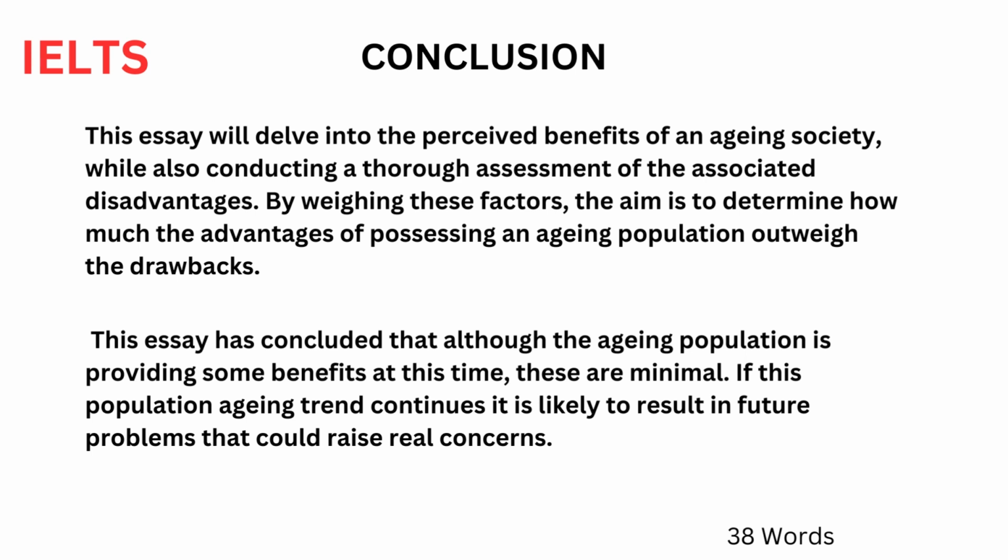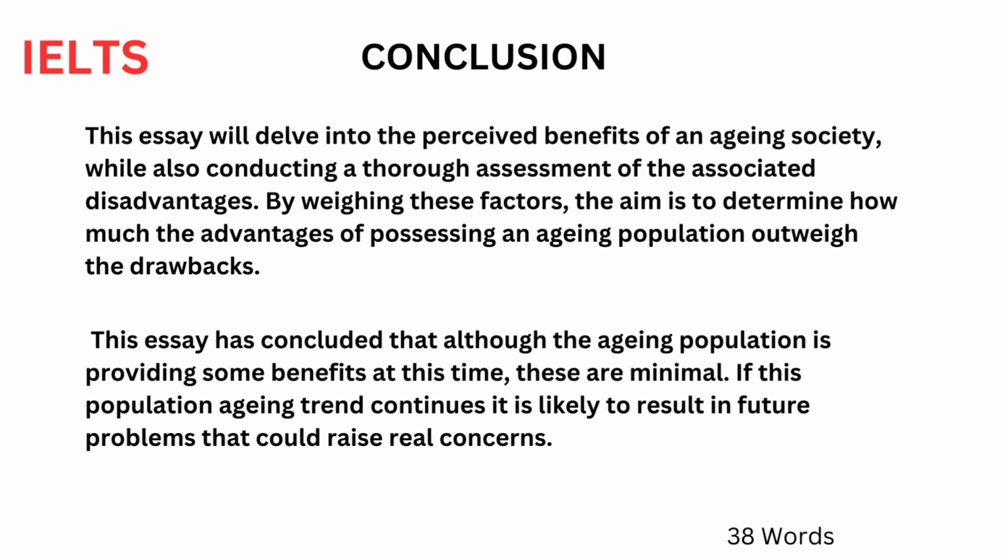On the top here we said for our thesis, this essay will delve into the perceived benefits of an aging society, while also conducting a thorough assessment of the associated disadvantages. By weighing these factors, the aim is to determine how much the advantages of possessing an aging population outweigh the drawbacks.